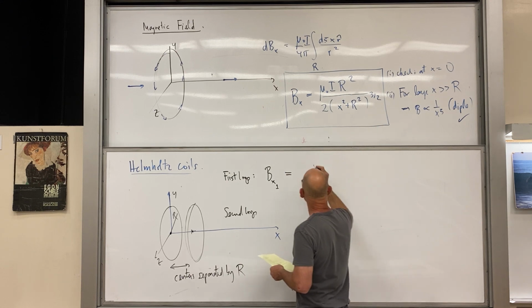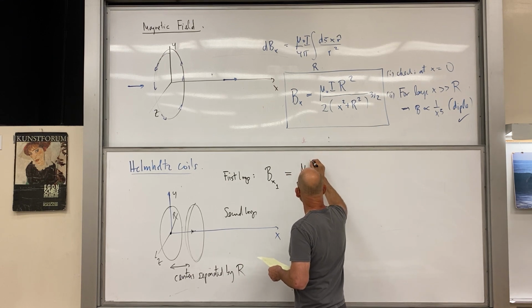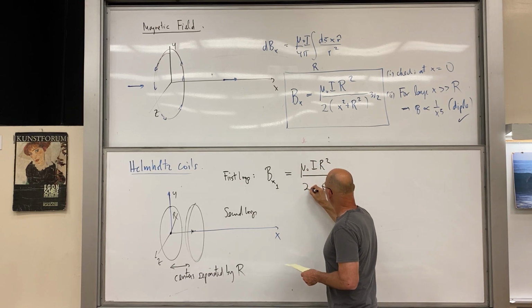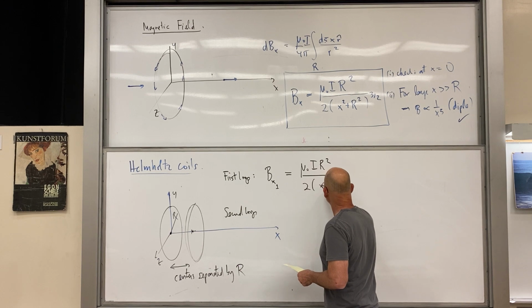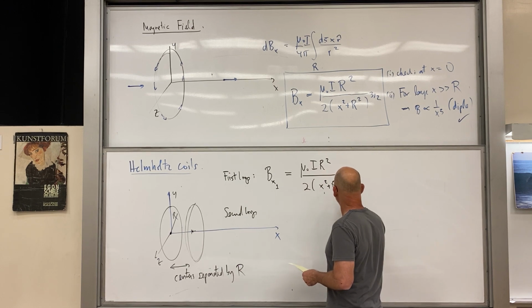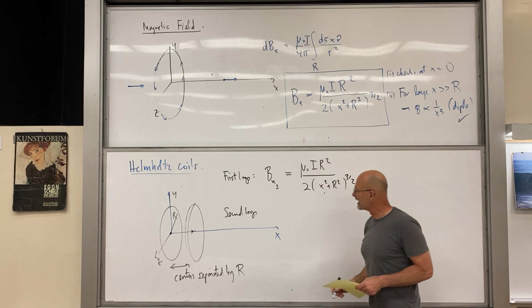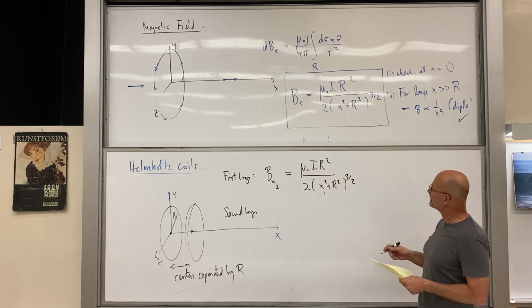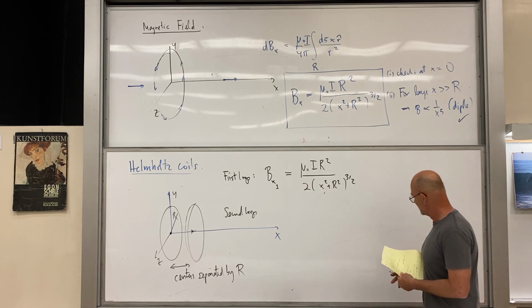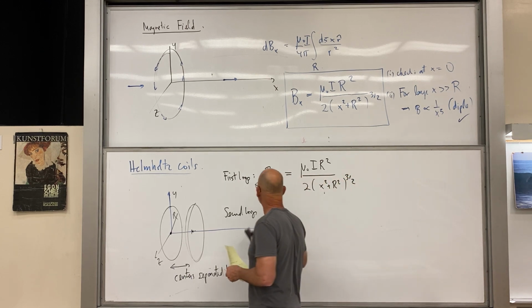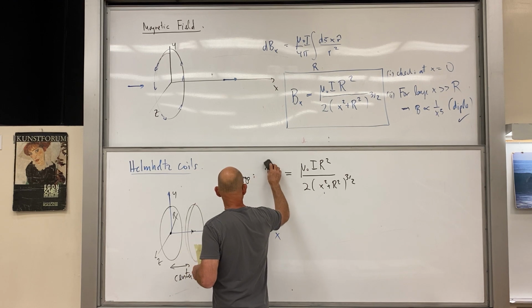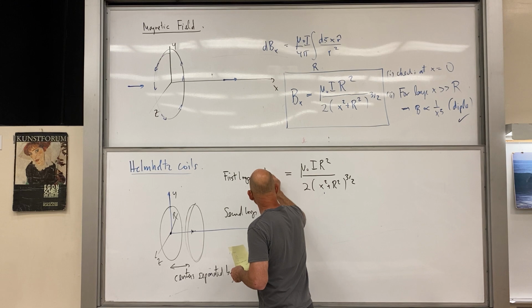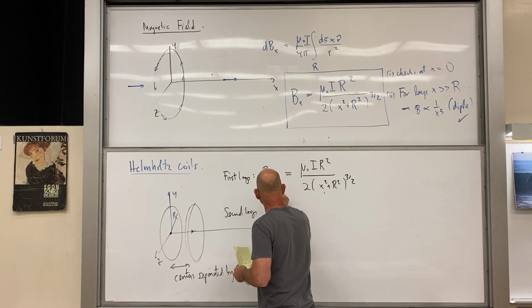So we have mu naught I R squared over (2x squared plus R squared) to the 3/2 on the axis. Actually, let me do it differently. So we have 2 loops. I'll just write Bx total.